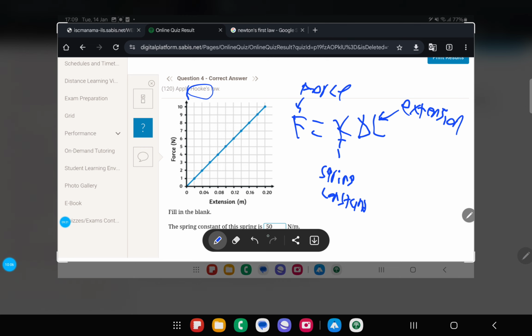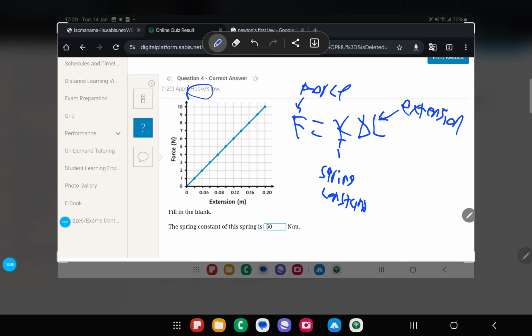Okay, so now let's see. They want us to find the spring constant, which is K. And we're given the force and the extension, which is L. Now that we're given these two variables, we can easily find K, the spring constant.